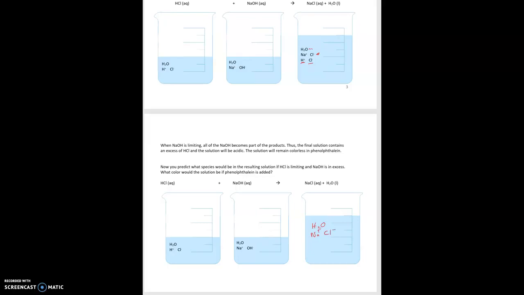But now the excess is going to be sodium and hydroxide ions. All the hydrochloric acid has been neutralized, so any additional sodium hydroxide makes sodium hydroxide the excess.